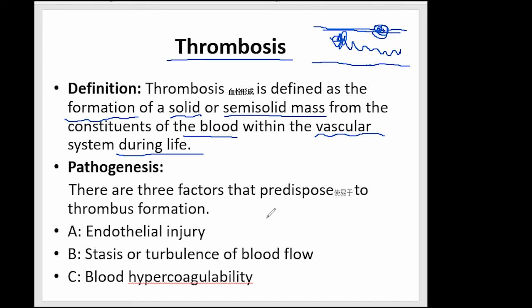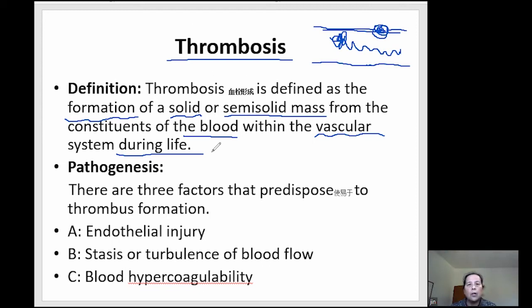So what affects this kind of condition? Basically we have three reasons that may easily cause this kind of thrombosis formation. Thrombosis formation is an abnormal or pathological condition. It's not a normal condition. It's the formation of solid or semi-solid masses inside the blood vessels.